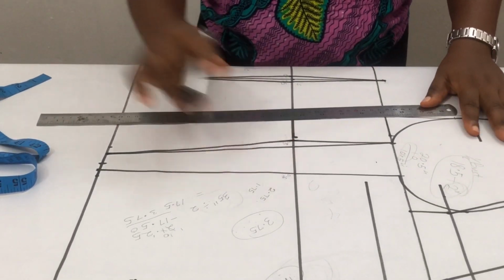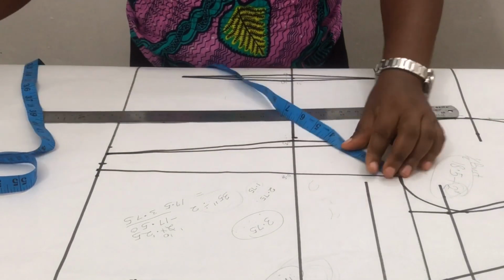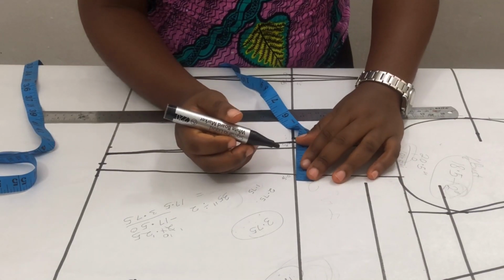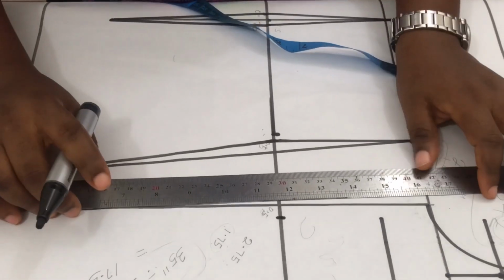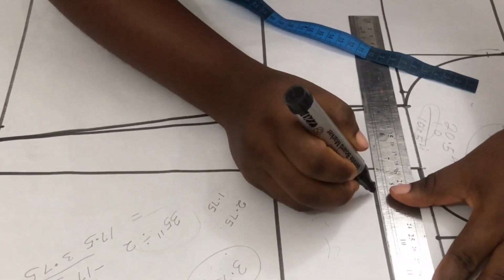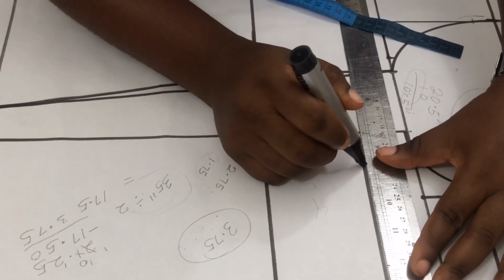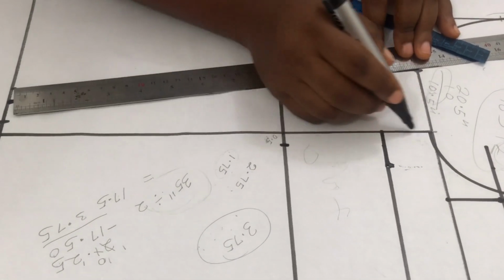Then we'll come to the front. The next 0.5, which is here. Okay, now for this front dart line along the side seams, let me draw my traverse line. You do not want it to cut through this traverse line.